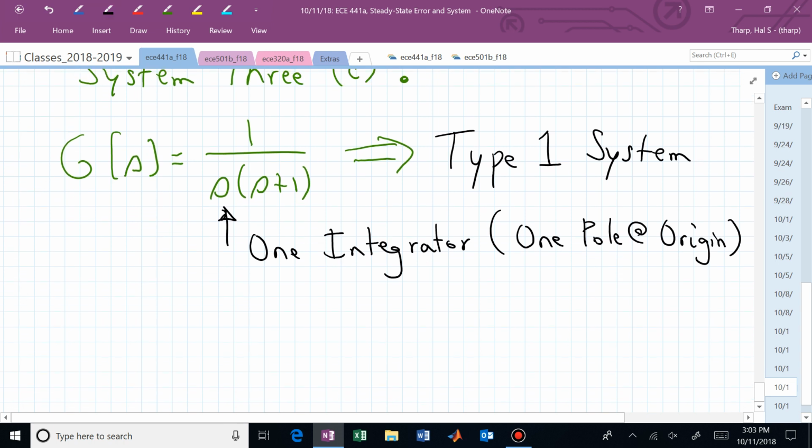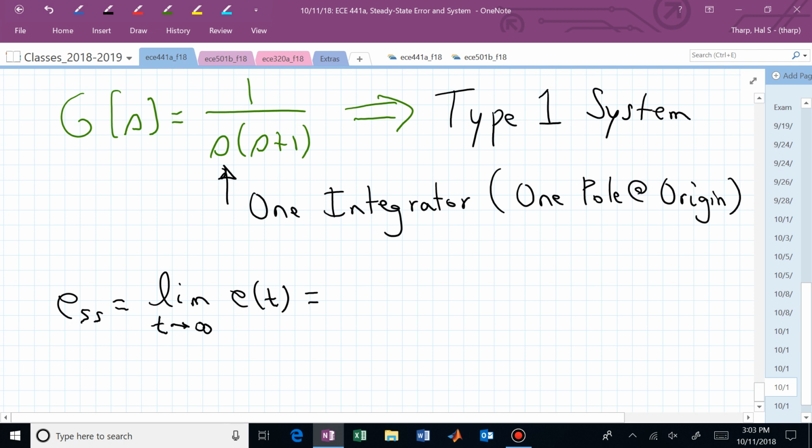Let's look at what the steady state error is for this particular case. The steady state error, and now we're assuming our closed loop system is stable, and we could verify that, but I've already done that, so I'm going to skip that step here. But in reality, we would be wanting to check that. Let's now look at using the final value theorem, which says that we need to look at the limit as s goes to 0 of s E of s.